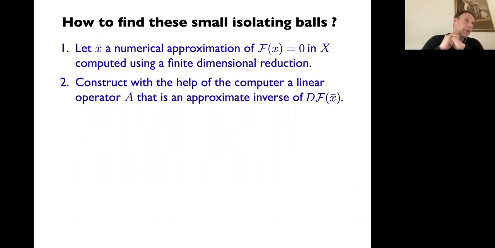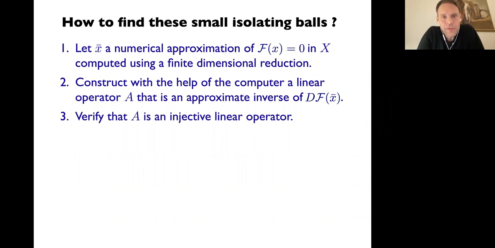But in infinite dimension, this is quite hard. So rather than computing the exact inverse of the derivative, what we do is that we first use a computer to construct a linear operator A that acts as an approximate inverse for the Fréchet derivative of f at x bar. Here, this is really the infinite dimensional Fréchet derivative. I will show you how to do that in Navier-Stokes in detail later. So that's the second step.